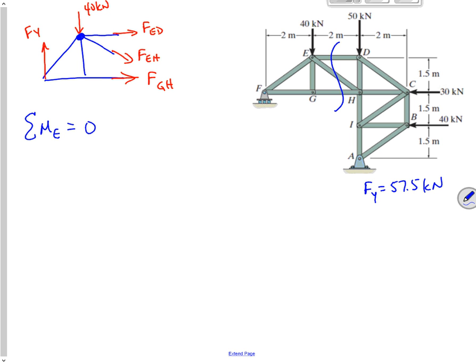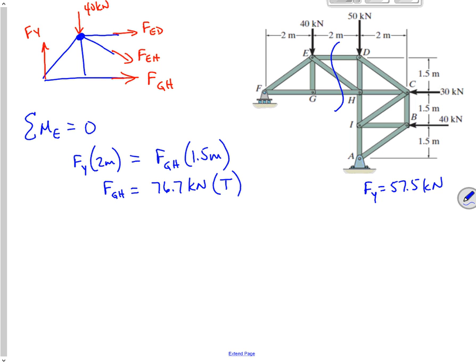They don't produce a moment. Right, the 40 kilonewton load doesn't produce a moment. So the only things I've got producing moments are Fy and FGH. So Fy makes it rotate counterclockwise. So Fy is going to be times 2 meters. And that's got to be equal to FGH, which makes it rotate counterclockwise, and that's a distance of 1.5 meters. I solve for FGH, and I get FGH is equal to 76.7 kilonewtons. Because that's positive, it's in tension. That's one of my answers.